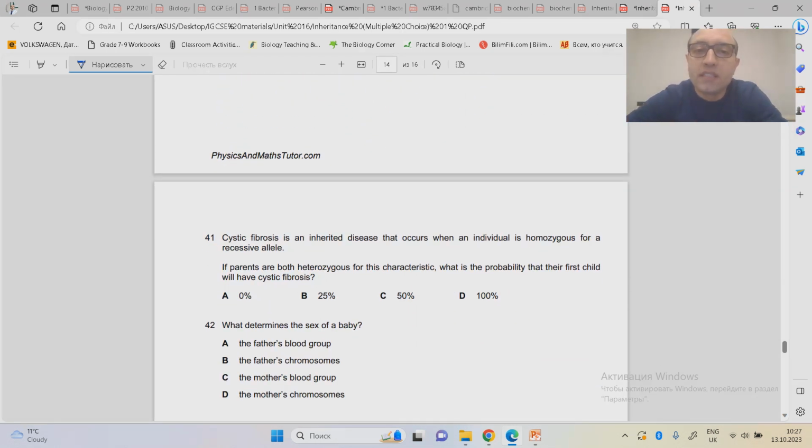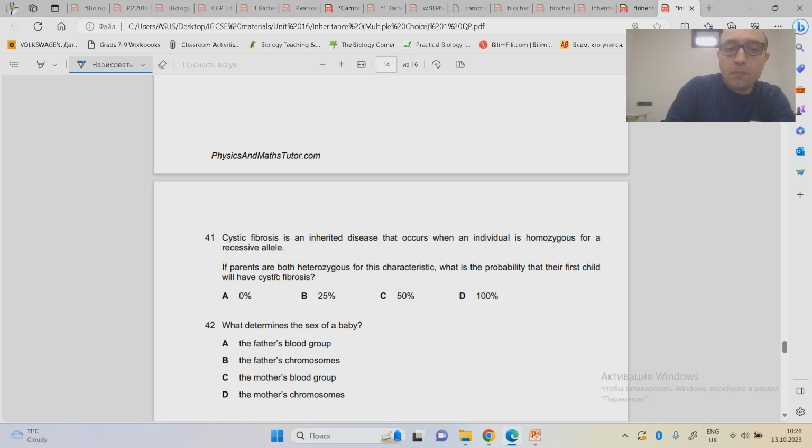Cystic fibrosis is an inherited disease that occurs when an individual is homozygous for a recessive allele. If parents are both heterozygous for this characteristic, what is the probability that their first child will have cystic fibrosis? If both parents are heterozygous, so let's use which letter? D as an example.